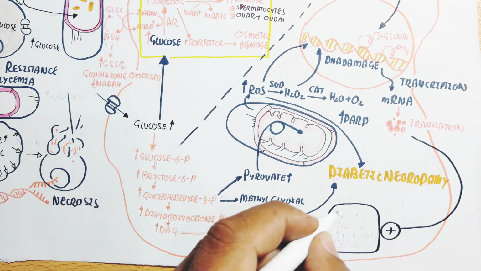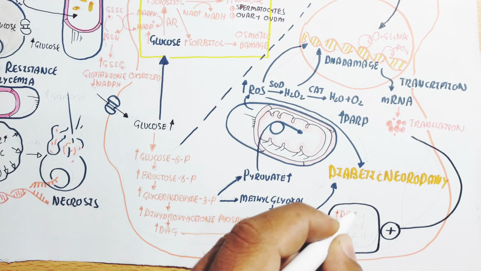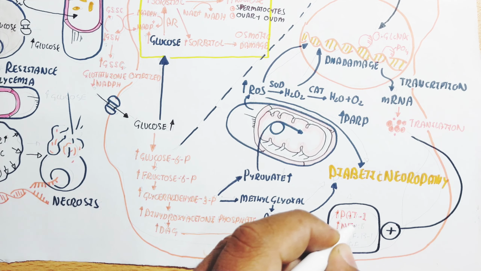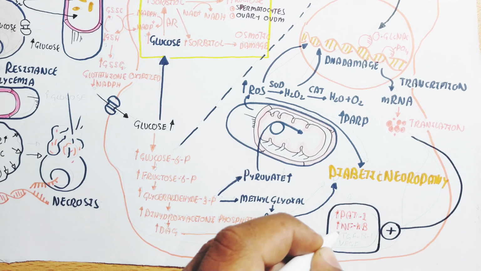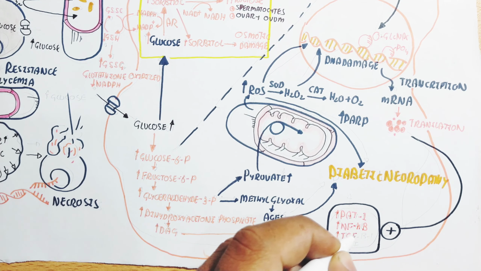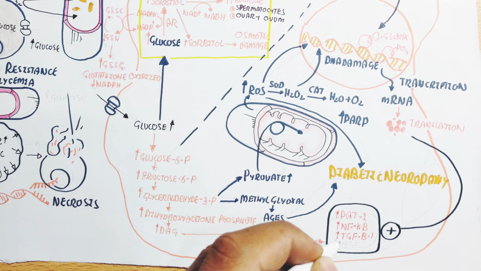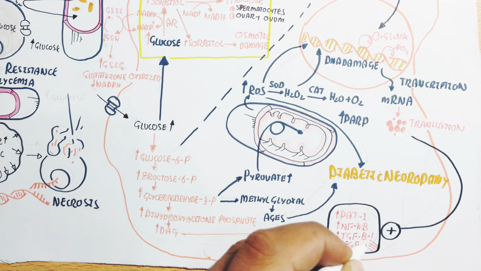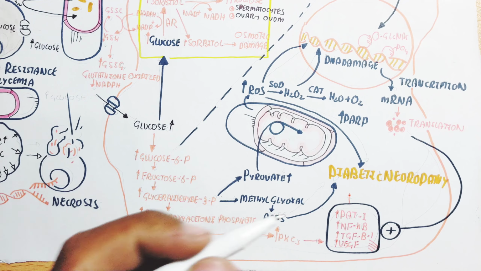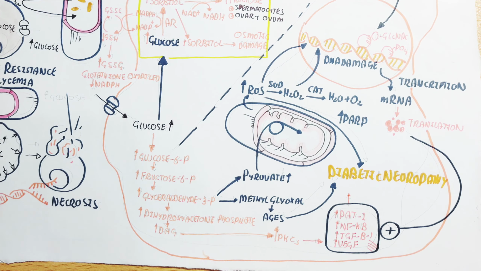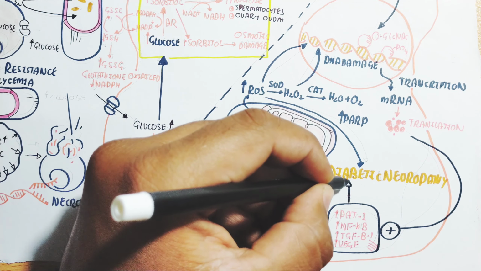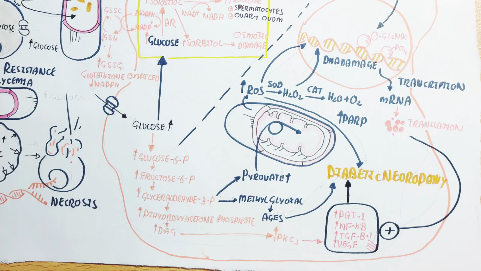The same inflammatory mediators are triggered by the PKC increase, due to diacylglycerol from the increased glycolysis. The damaged DNA produces certain proteins like P81, nuclear factor kappa B, transforming growth factor beta 1, and vascular endothelial growth factor, which increase. The same mechanism also increases due to methylglyoxal and AGEs, which produce diabetic neuropathy through advanced glycation end products.